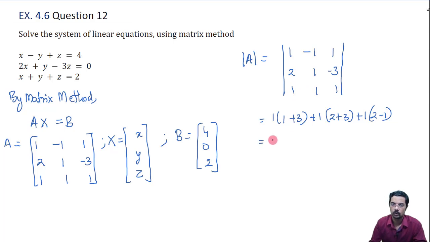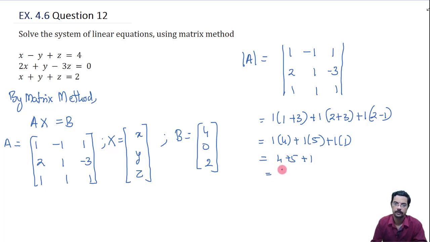On solving you get 1 into 4 plus 1 into 5 plus 1 into 1. So this is 4, this is 5 and this is 1.